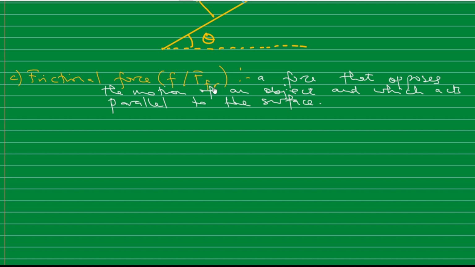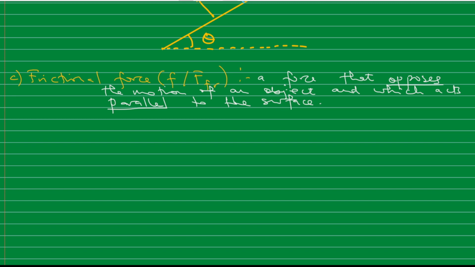Now, the definition of frictional force is basically a force that opposes the motion of an object and which acts parallel to the surface. Two things that we should note here. One, the frictional force opposes the motion of an object. Secondly, the frictional force acts parallel to the surface.